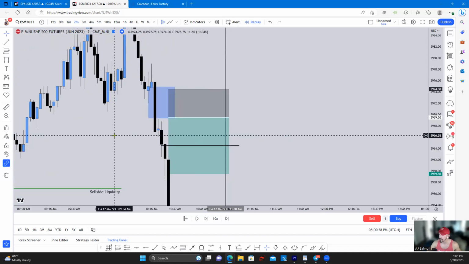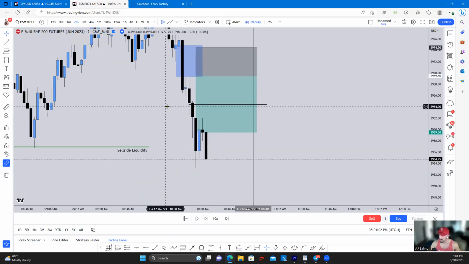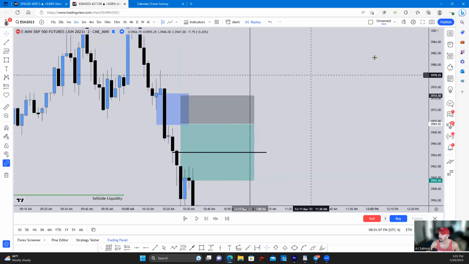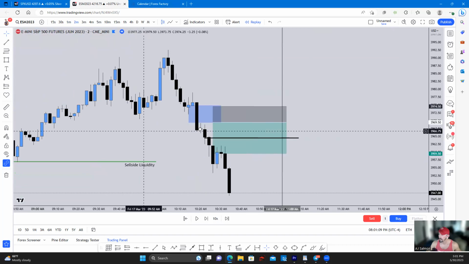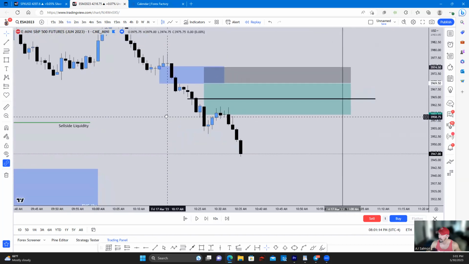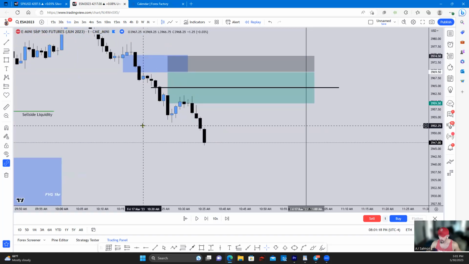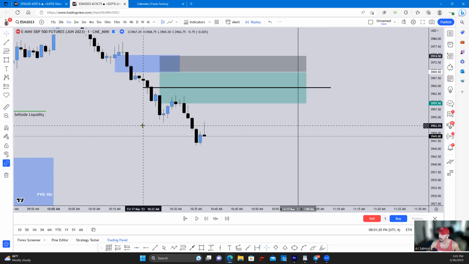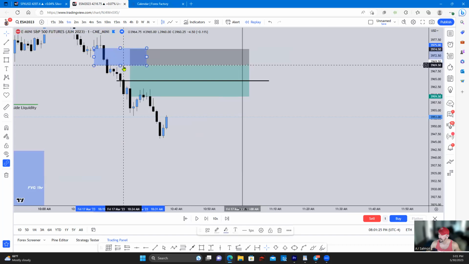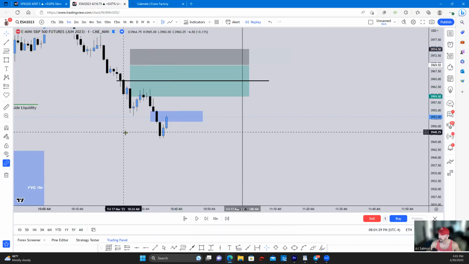So let's see if we get a return. No return. So at this point, we could look to see if we can get a continuation entry here on this gap.